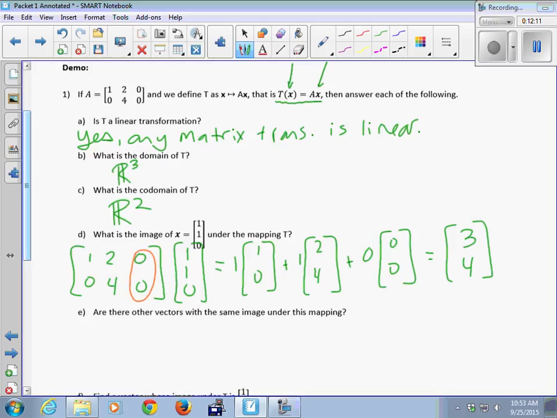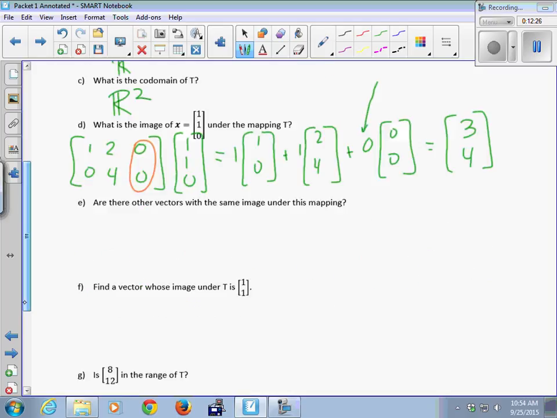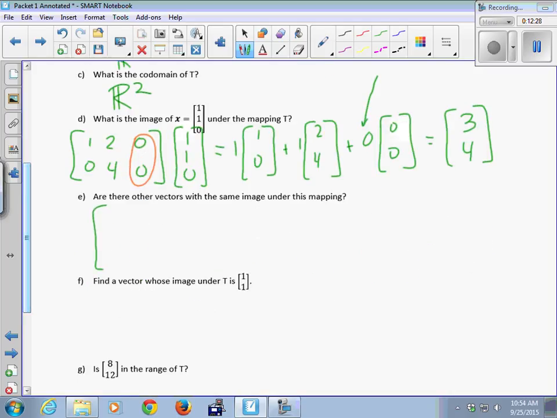No matter what weight I put on it, I could put a 7 there and it would still give me zeros to add on, because my 2 entries are both 0. You could write that as 1, 1, a, or 1, 1 star. Yeah.